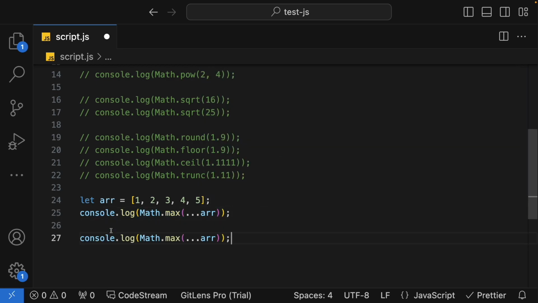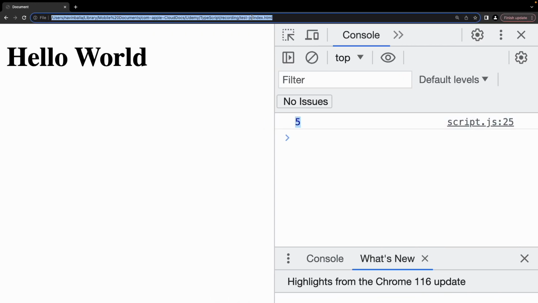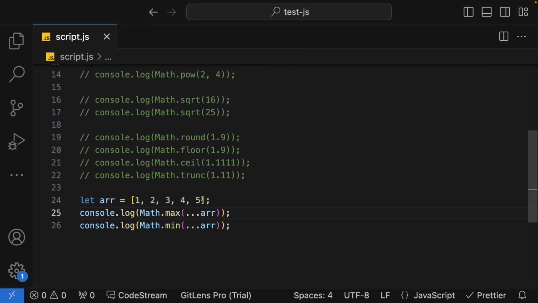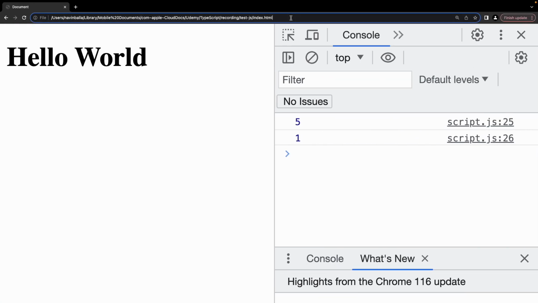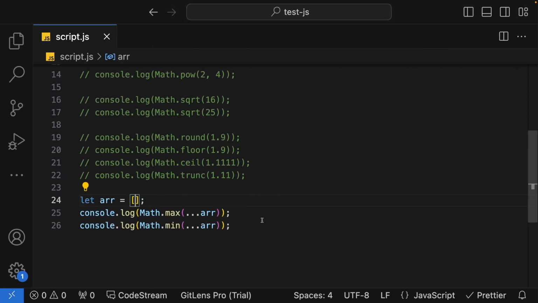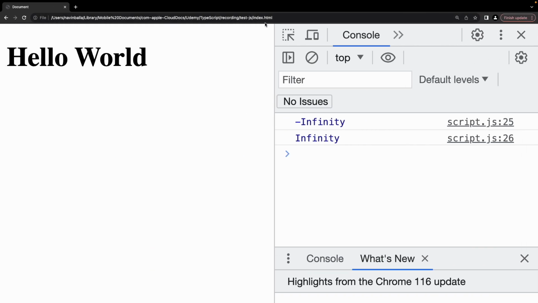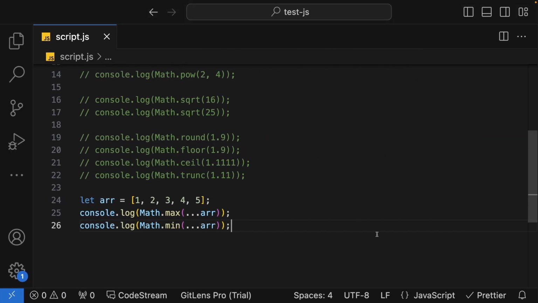Let's try the same for the minimum one. We should get the number 1. Now there is a question: if this is an empty array, what will happen? Let's try. We are getting infinities because there are no values available. So this is how min and max help us in real-time scenarios, reducing the manual code that you write for certain operations.